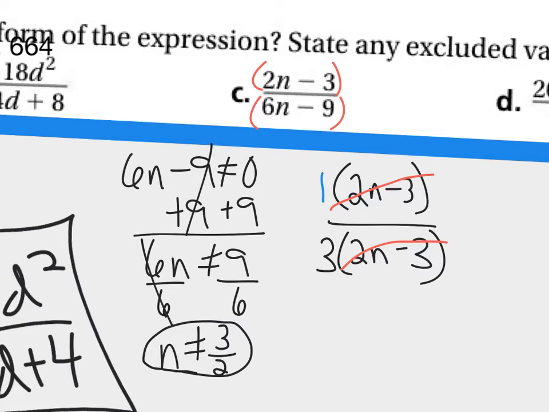The 2n minus 3's cancel, and that leaves us with 1/3. So it reduces to 1/3. The restriction on that is that n cannot equal 3/2. If n would have equaled 3/2, our denominator would have been 0, and then basically it would have been an undefined expression.